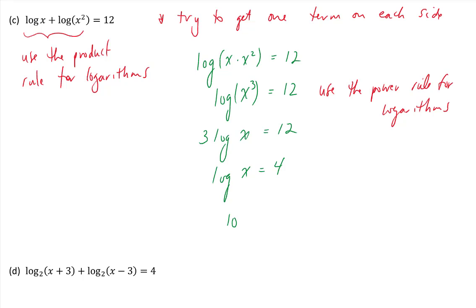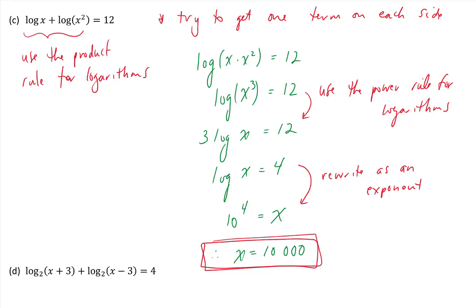So we have 10 to the exponent 4, and that should equal x. So therefore x is equal to 10,000. So an important step here: when we get to this point, we need to rewrite as an exponent. And of course, you can substitute this back into the left side and check your work.